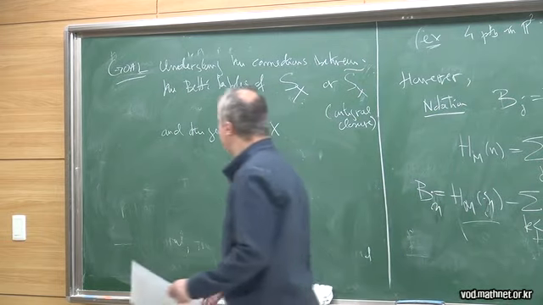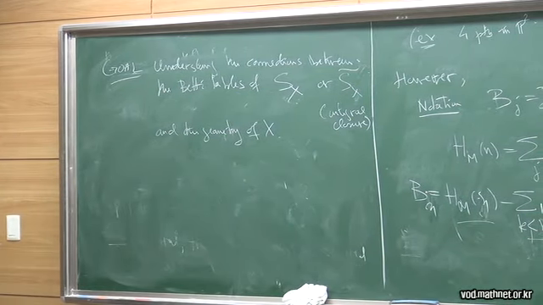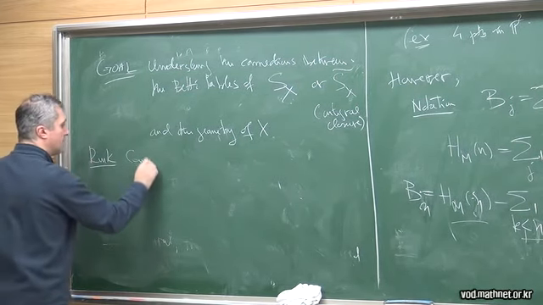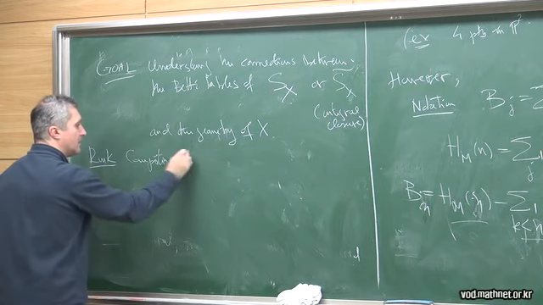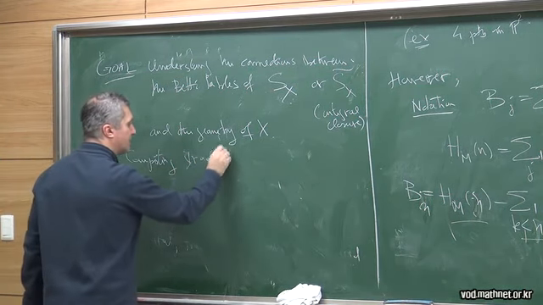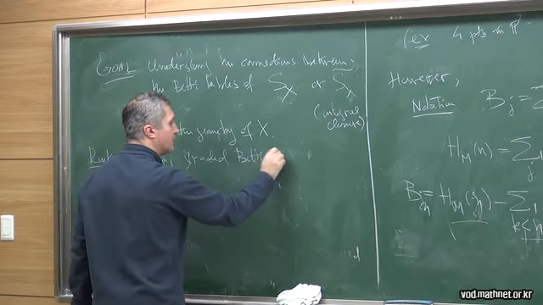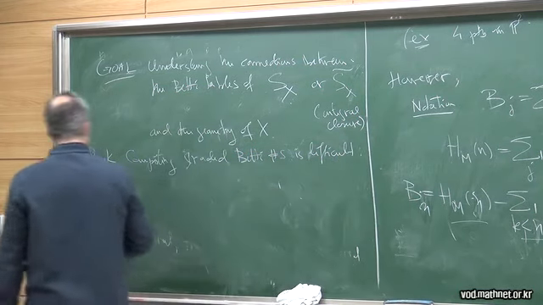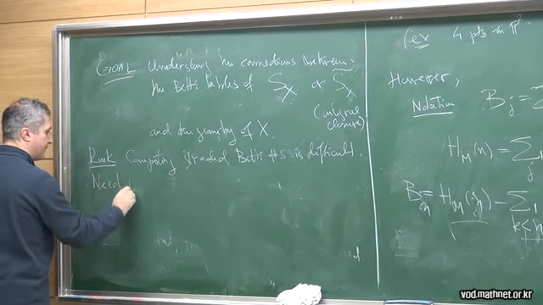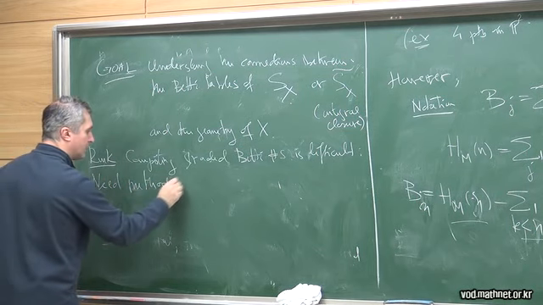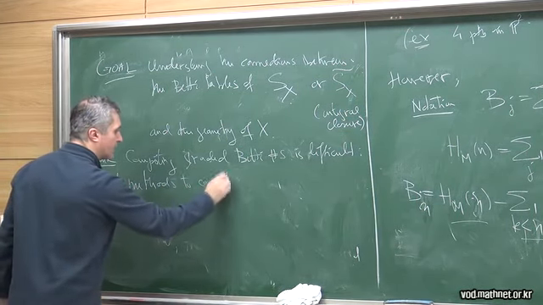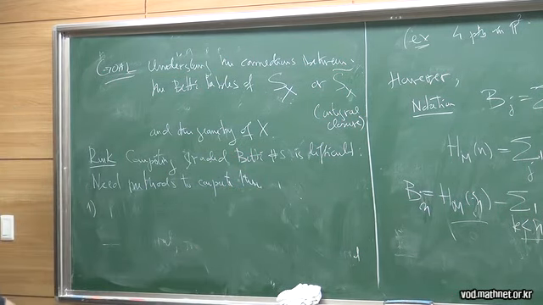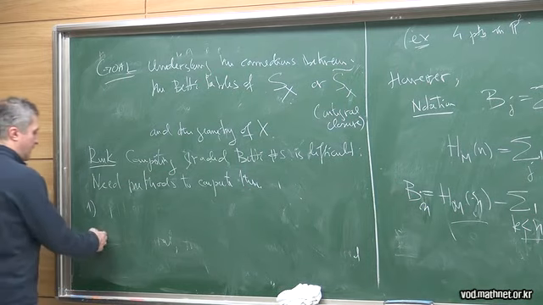So we need, since, a remark: computing graded Betti numbers is difficult in general, so we need methods to compute them, and I will list here some known methods.